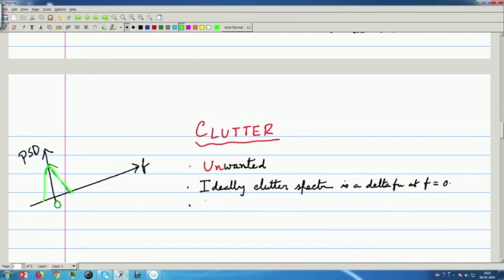So, the first thing is that clutter is mathematically modeled as a random process.